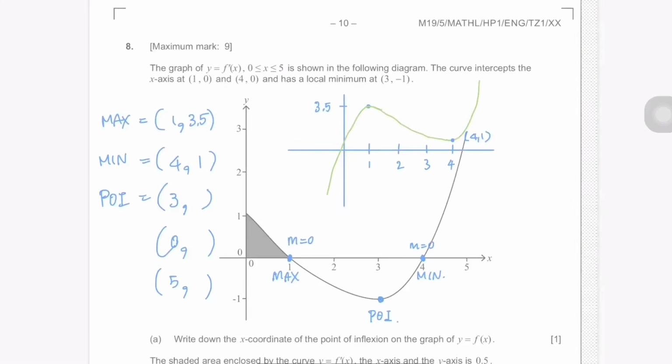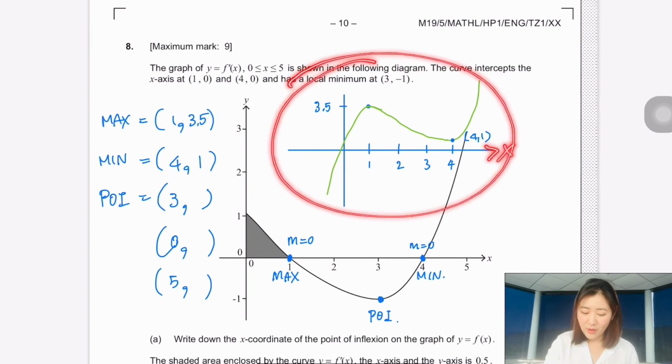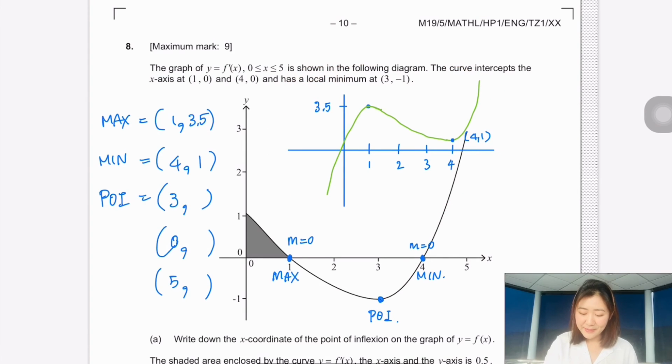If we finish at this point, what's wrong with it? First of all, you don't complete the whole graph. Here, you don't write x and y. It's very serious, you need to write it down. Secondly, I don't write the scaling properly, like this is 1, 2, 3 and 4 here.